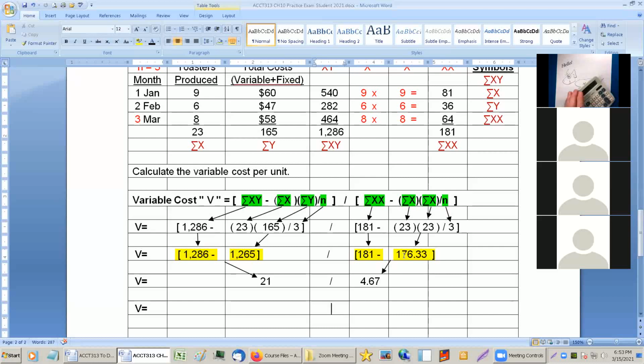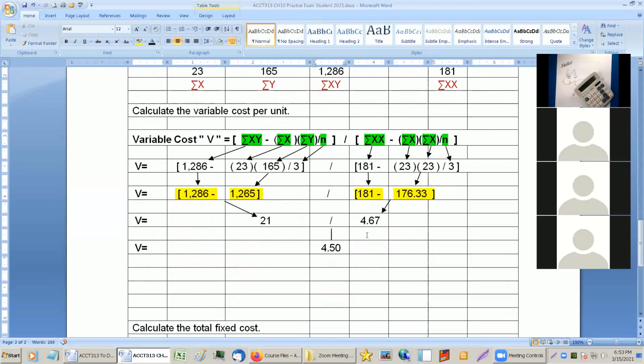By the way, I wouldn't mind if you don't round it up correct. If you don't, I'm not gonna make a big deal out of it. If you were to keep 4.49, that'd be fine. I'm gonna round it up to 4.50. So this is the variable cost per unit.